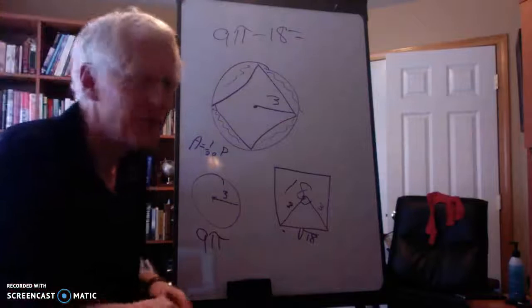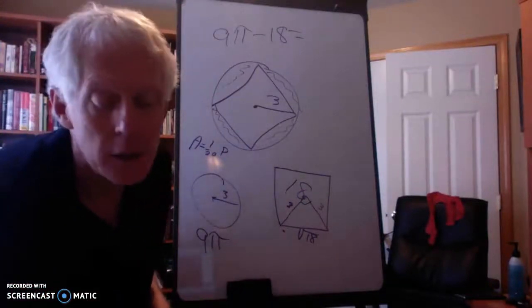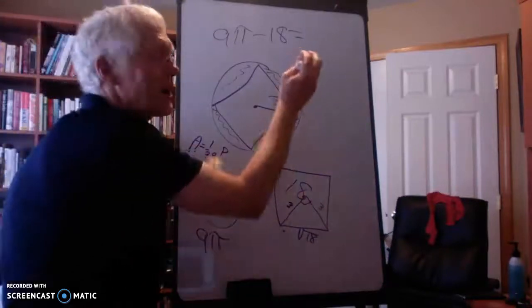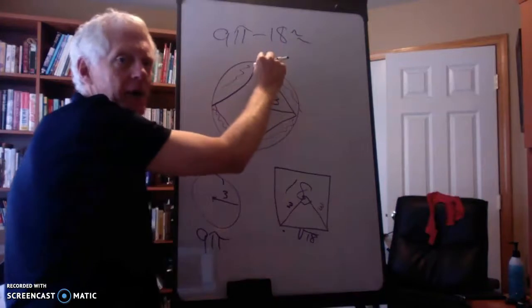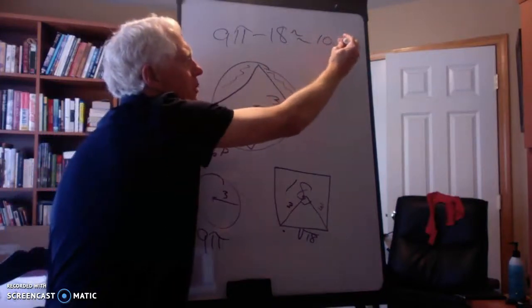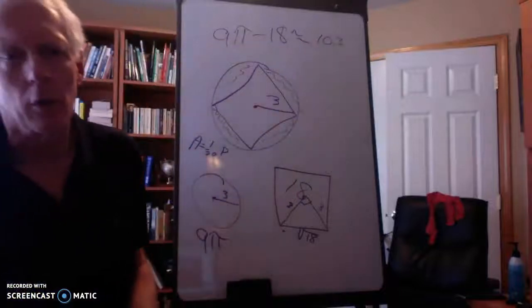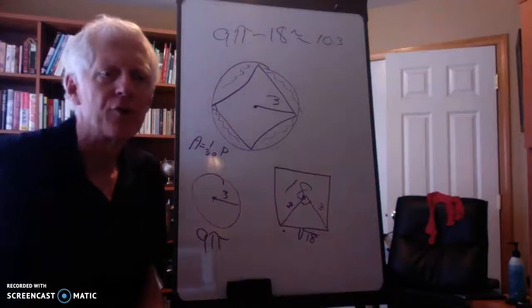When you do that, you get approximately, not the equal sign, approximately, because pi is an irrational number, 10.3. So that is an example of composite figures with some irrational numbers thrown in there.